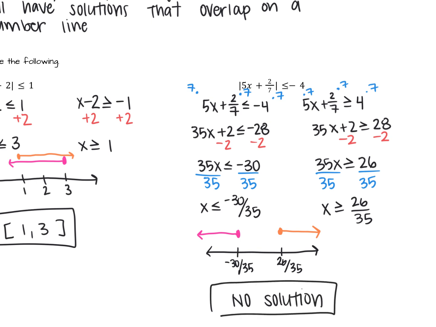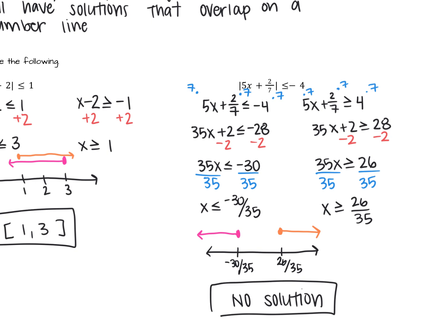No solution is a little bit different here for an absolute value inequality. If I go back to my original inequality, I had the absolute value of 5x plus 2/7 is less than or equal to negative 4. If we think back to an absolute value equation, we said that the absolute value couldn't equal a negative. It looks slightly different for inequality. In this case, an absolute value can never be less than a negative number, because whatever I plug in for x here, I'm always going to get a positive solution.